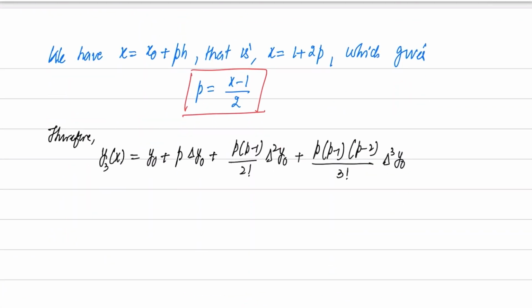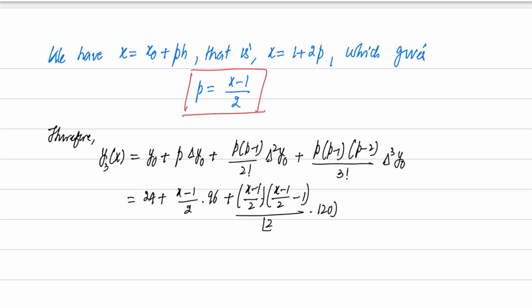So now we can just substitute the values of y0, p, and these delta powers. Now y0 is equal to 24. Now p, as we have calculated, is x minus 1 divided by 2, and delta y0 is equal to 96. Plus p into p minus 1, so it's x minus 1 by 2 into x minus 1 by 2 minus 1, whole divided by 2 factorial into delta square y0, that's 120.